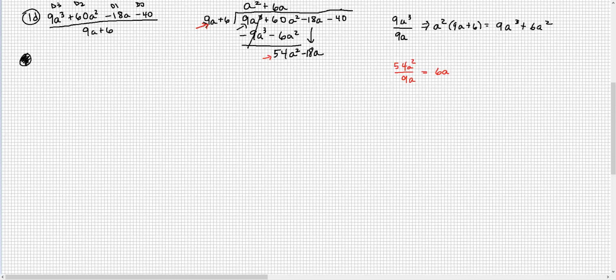And then you do 6a times 9a plus 6. Right, we distribute, we get 54a squared plus 36a. And they're both positive, we change the sign.